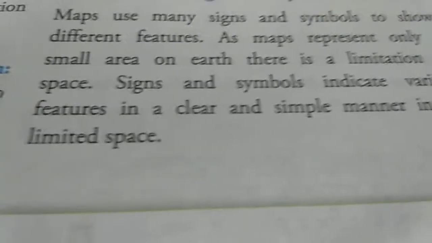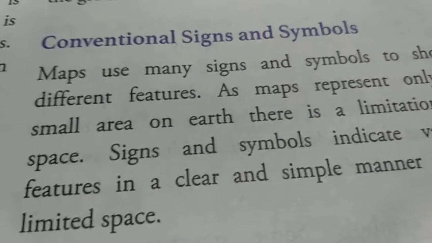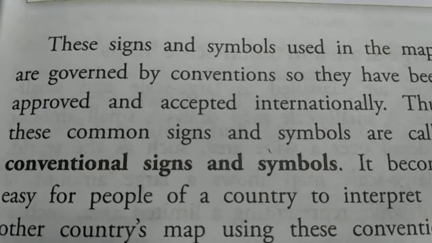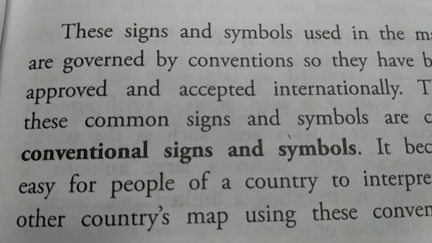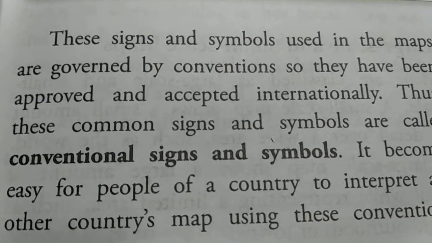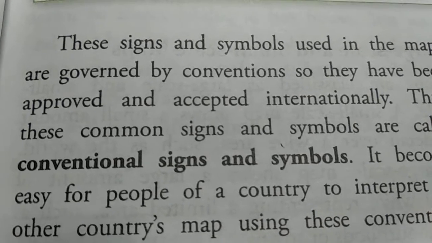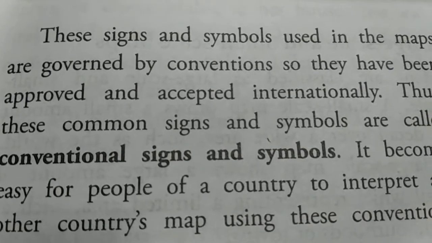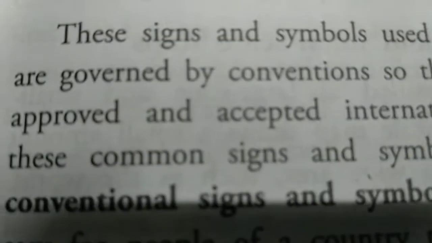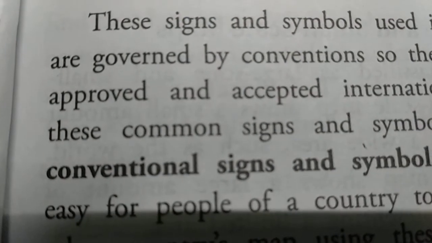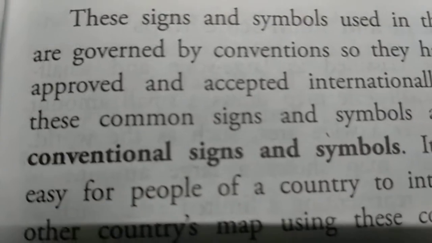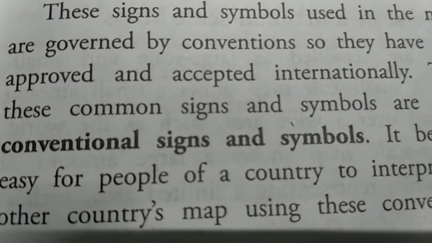There are different signs which are used to read a map, and those are known as conventional signs and symbols. These signs and symbols used in government maps are governed by conventions, so they have been approved and accepted internationally, because for the international movement of people it becomes easier if a map has these signs and symbols.